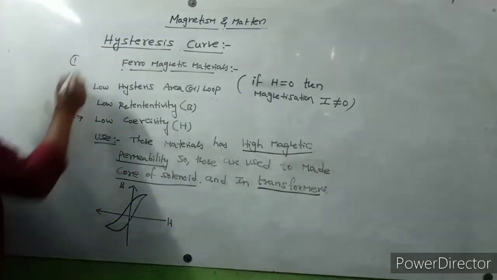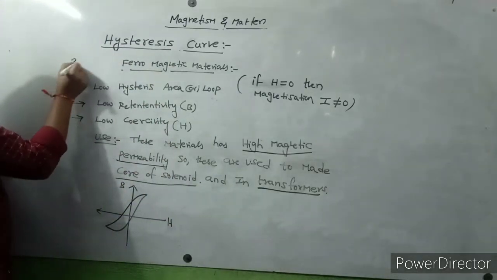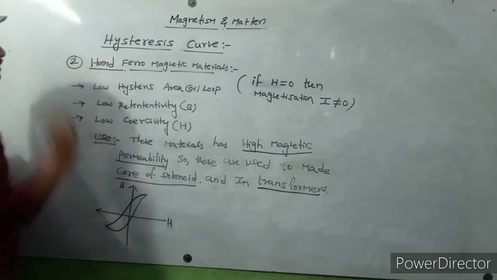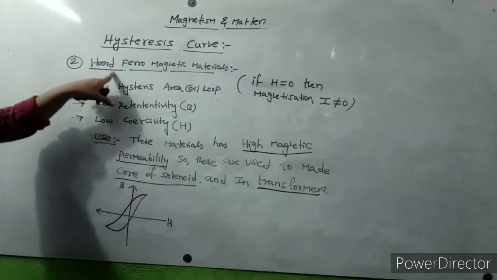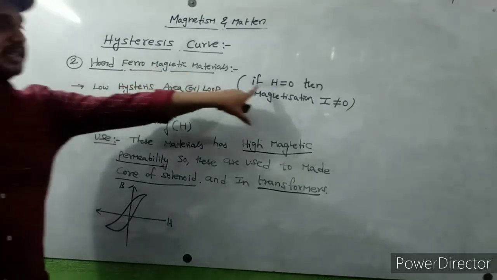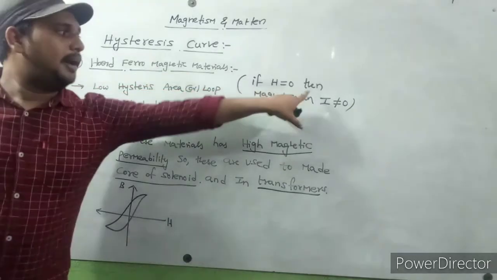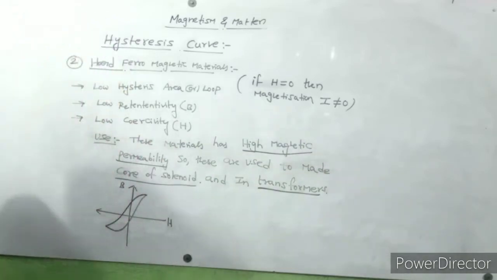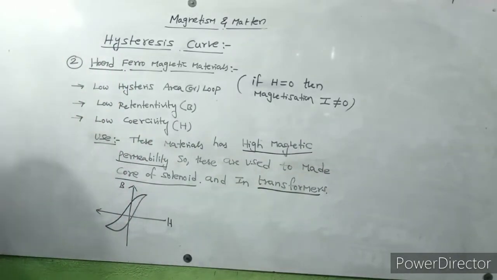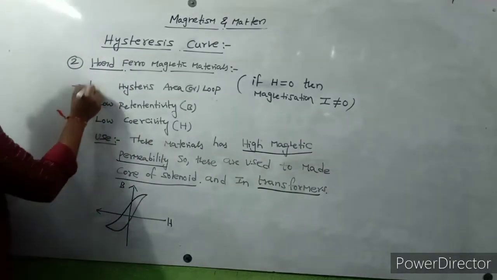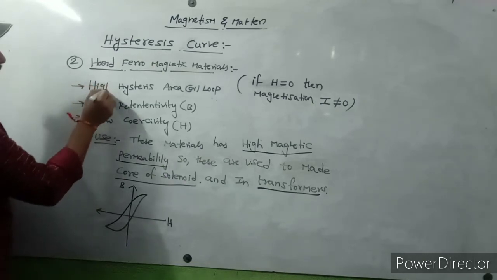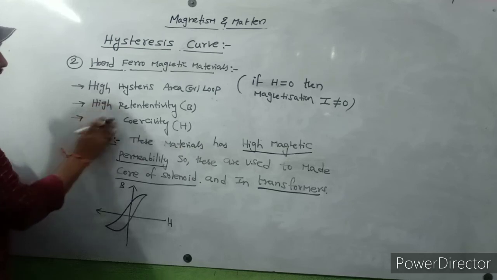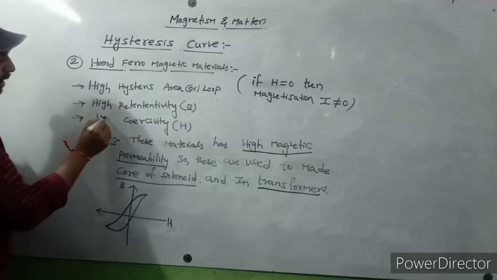The second one is hard ferromagnetic materials. Simple thing: hard ferromagnetic materials means if H is equal to 0, then magnetization I is not equal to 0. And it has high hysteresis area, high retentivity, and high coercivity.